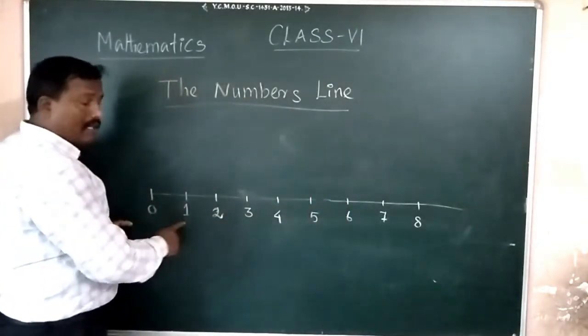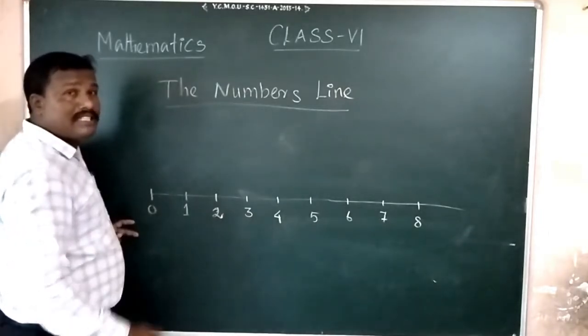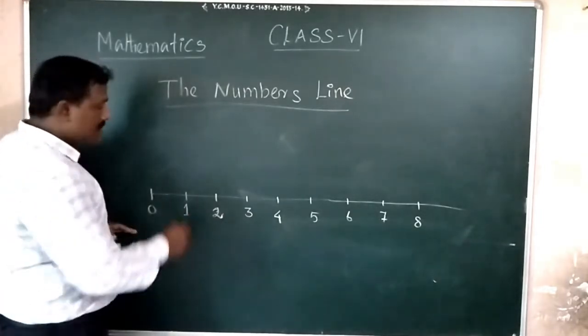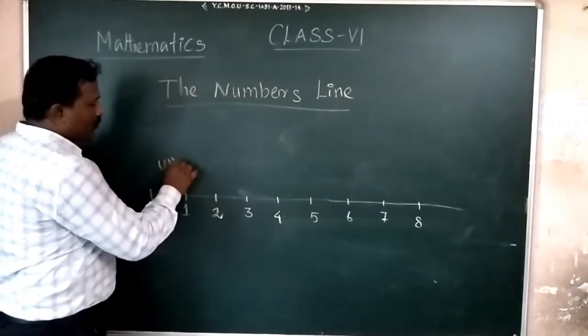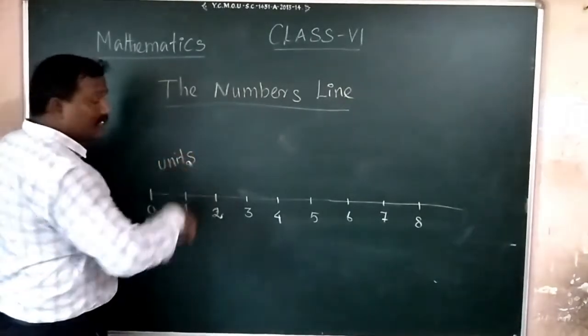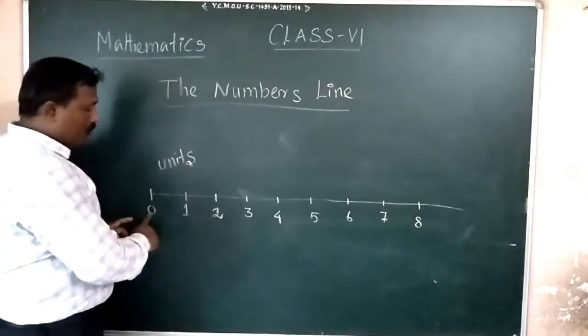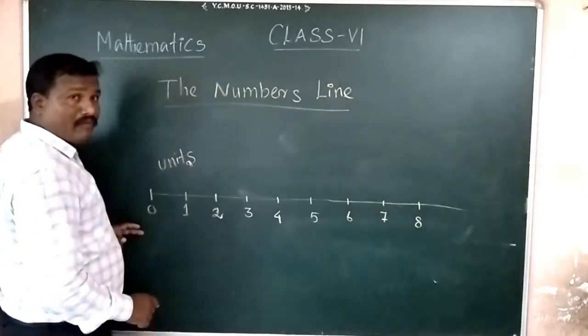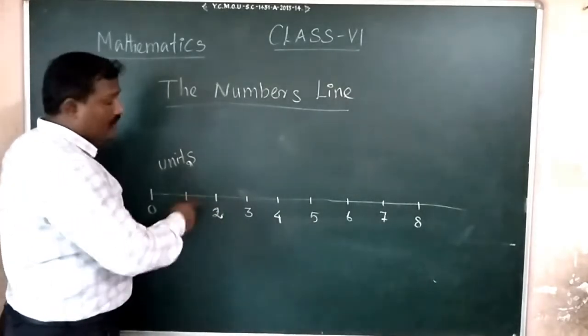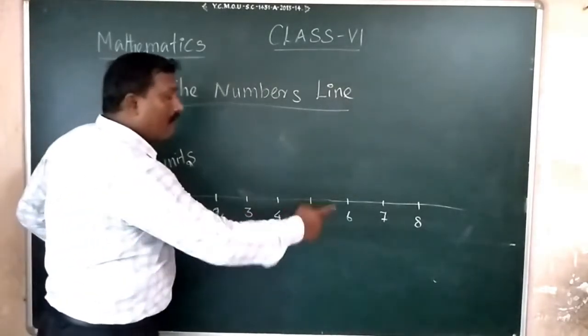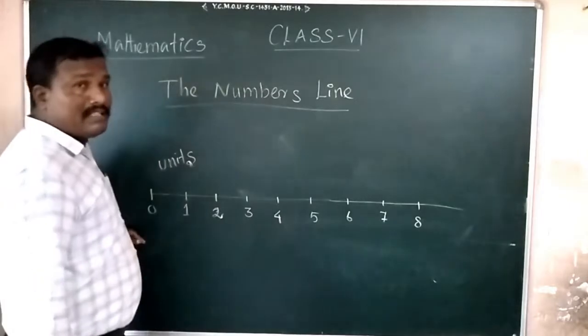Each and every number has an equal distance, which we call a unit. From 0 to 1, the distance is one unit. 0 to 1 distance we call a unit. 1 to 2 has the same distance, we call a unit.